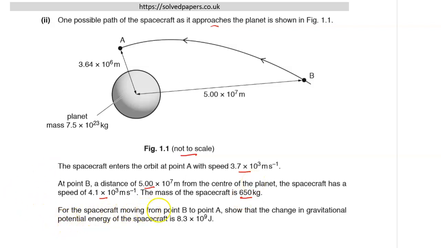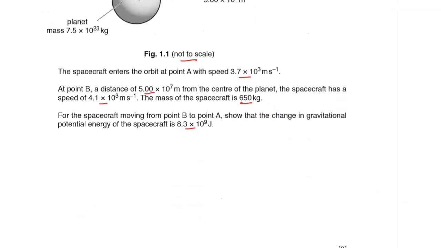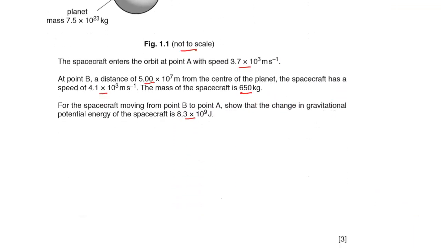For the spacecraft moving from point B to point A, show that the change in gravitational potential energy of the spacecraft is 8.3 times 10 raised to the power 9 joules. Okay, we are supposed to show that. And to show that, you use the equation for potential energy. You know that potential energy is equal to minus GMm over x.